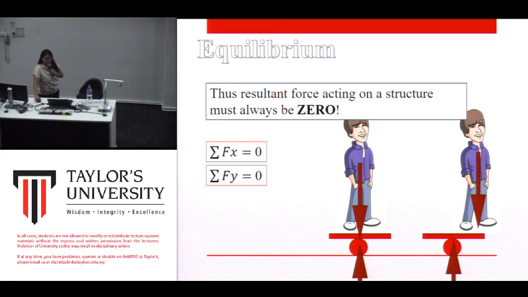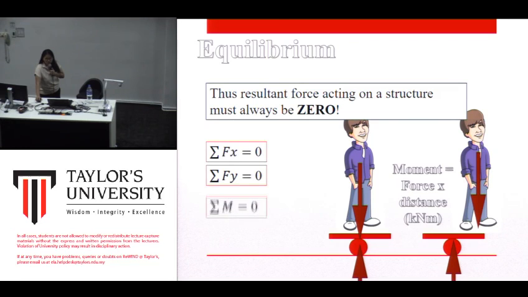So look at the second scenario. Why is it not stable? It is because of moment. The way the load is applied on this structure, it is a distance away from the point of rotation. That's why this person will actually rotate, or in other words, will start to fall.